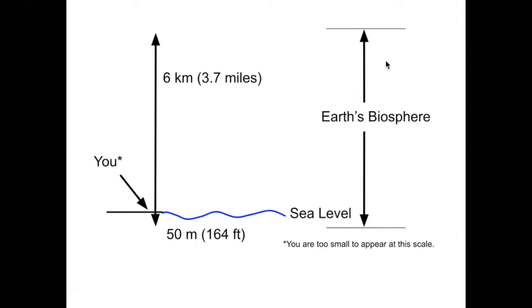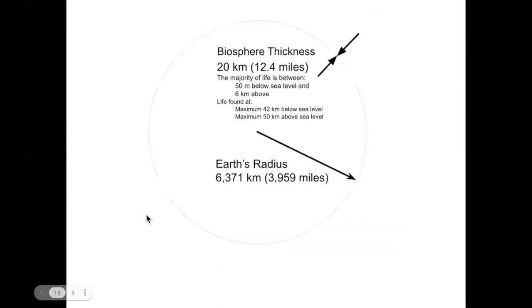The thickness of Earth's biosphere is about this big, but you're too small on this scale to appear. Looking at the whole Earth, the biosphere's thickness is about 20 kilometers. We have found life at 42 kilometers below sea level and a maximum of 50 kilometers above sea level.